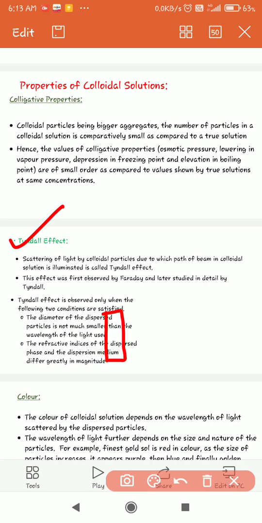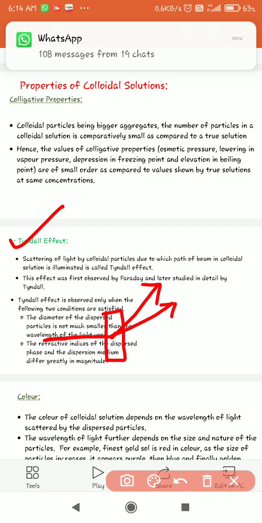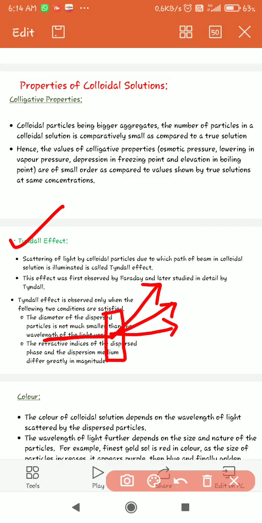So a source of light energy is incident on a particular solution. Once the light reaches the solution, its pathway will be scattered. Initially it is a straight line, moving straight. Once it touches a colloidal solution, the path of the beam of light will be scattered.